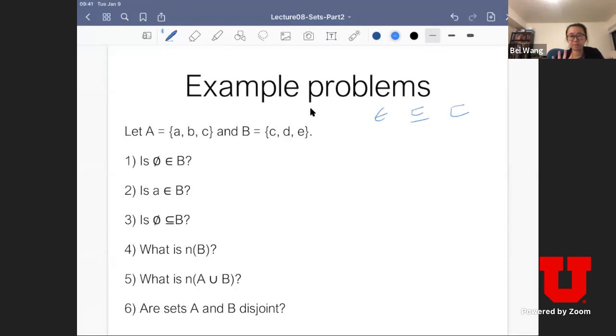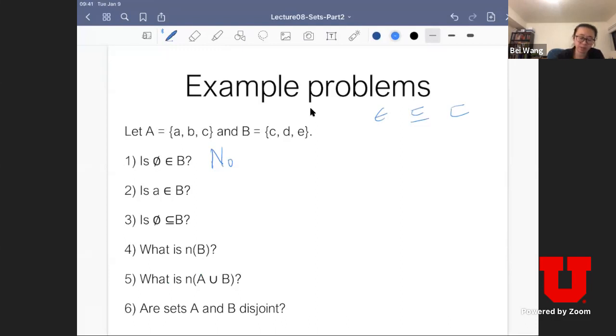Okay, again, please pause the video and try to solve this on your own and then compare your solution with my solution. So here, the first question is, is the empty set an element of B? B has three elements, C, D, and E. The empty set is not one of them, so the answer is no. Now the question is, is element A part of B?